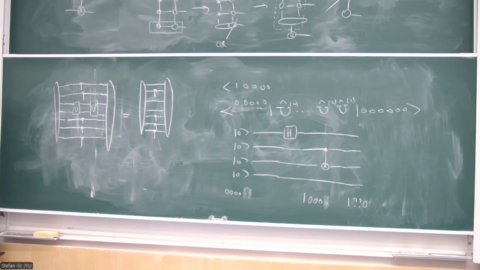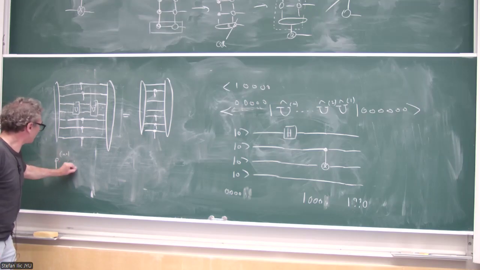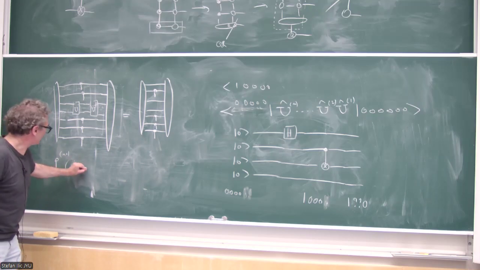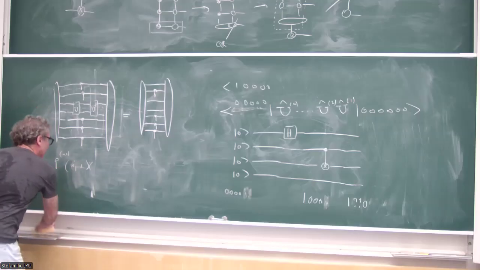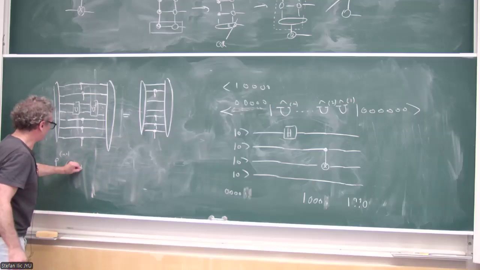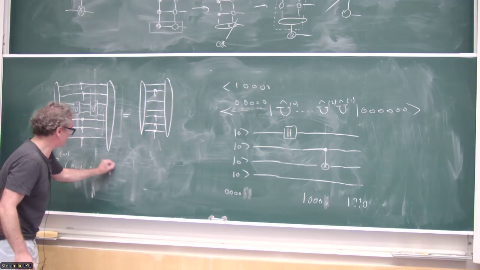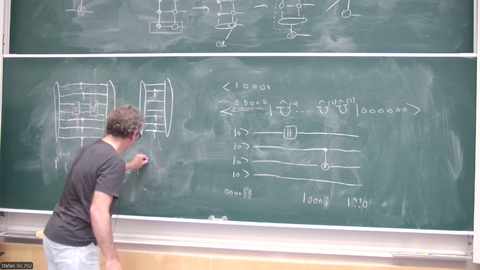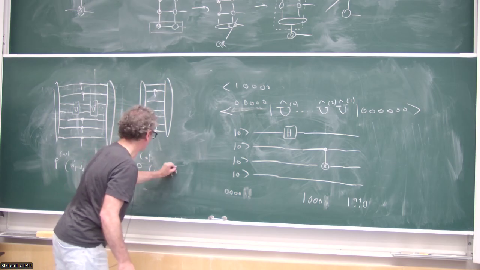That would be P of level n plus 1 of I1, I2, I4, I5, I6 is equal to P level n of I1, I2, I4, I5, I6.